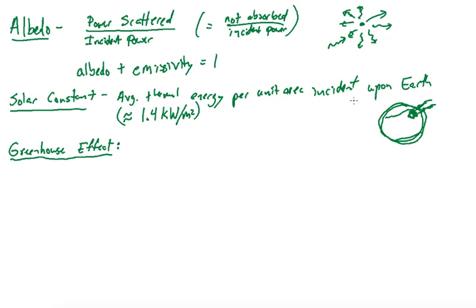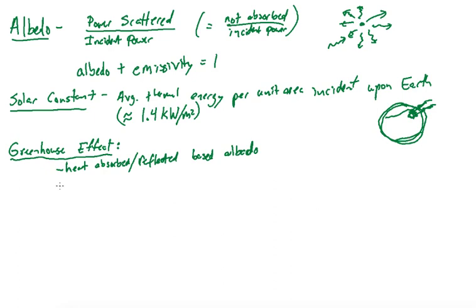Essentially, heat from the sun is either absorbed or reflected based on the albedo of the planet, or the emissivity, since one determines the other. But it's based on that. The second thing, the greater the albedo, the more the light's going to get reflected off, and then that would cool us off.